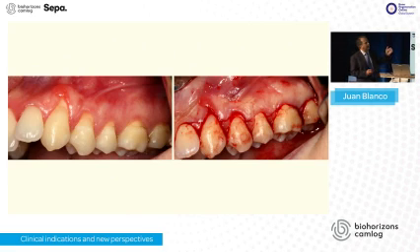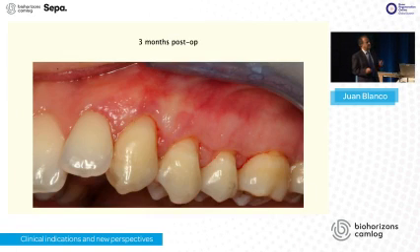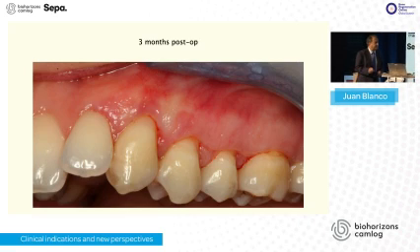And we go again with the same procedure to the left side of this patient. We do the same surgery, we clean everything, we depithelialize the anatomical papillas, we place the matrix membrane, and with sling sutures, we coronally advance the flap. And this is 3 months post-op.